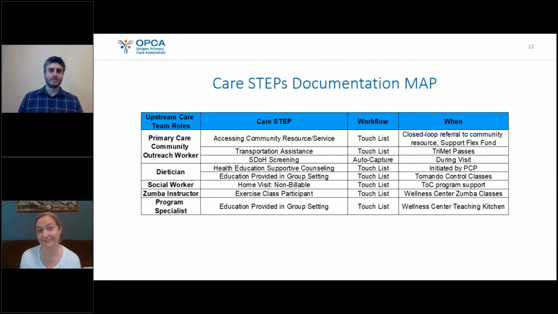And you can also have other roles that are not always directly linked to the care team. They could be, but for Virginia Garcia, these are what I consider upstream care team roles that work on behalf of the clinic and are focusing on specific populations at different points of time. So the PCAL is also someone that's really heavily involved in care steps.